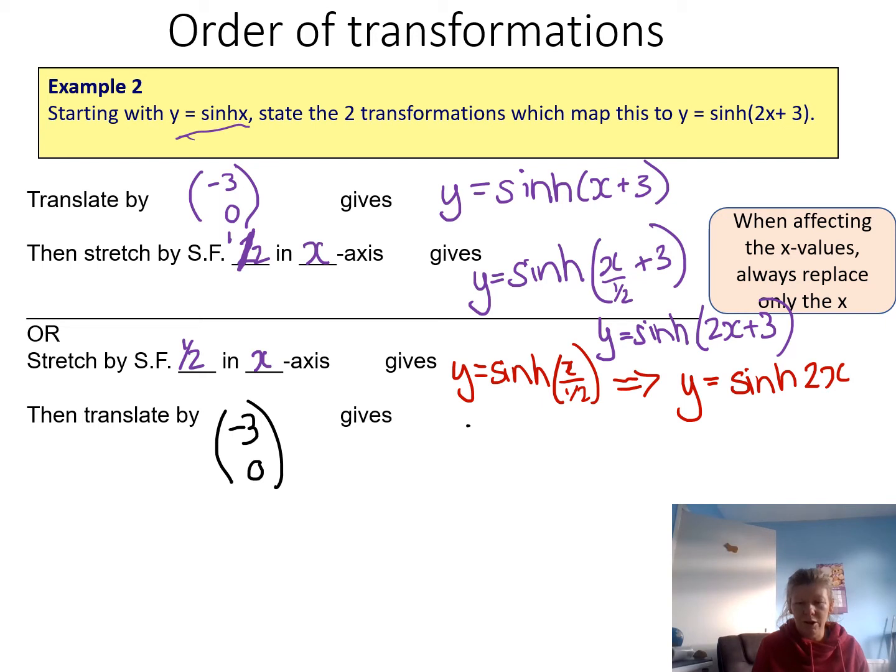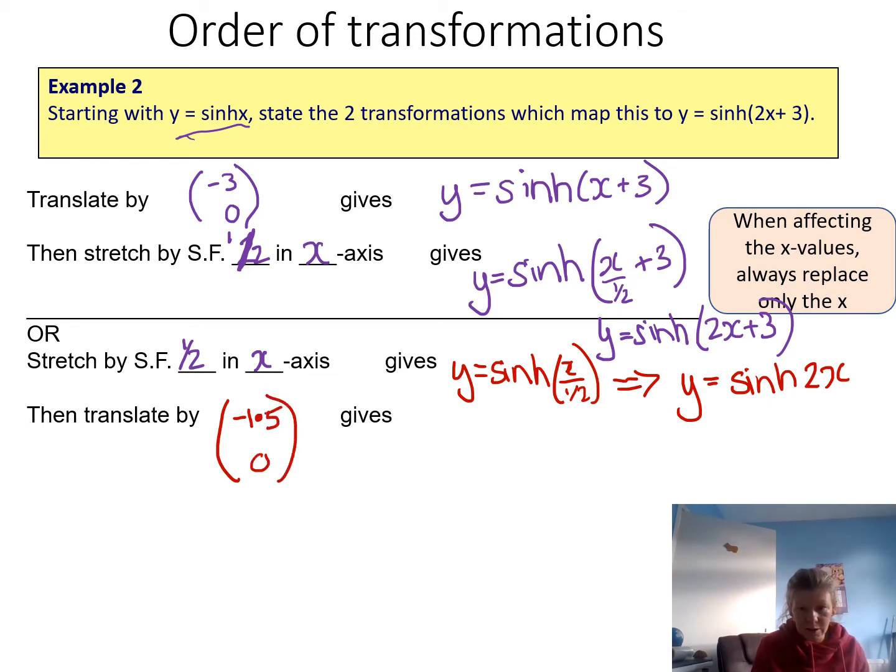What we need to translate by is not the -3, but in fact we need to think of doing it by half of that, because we're going to double it later. So -1.5, or 3 over 2.